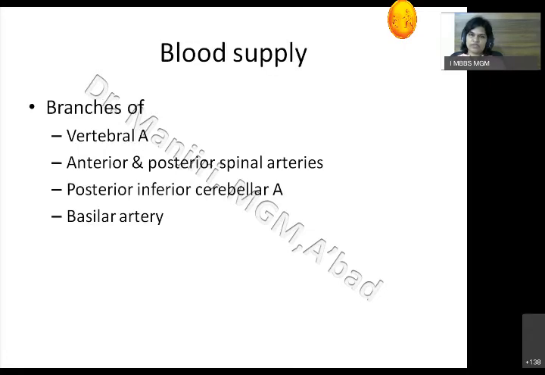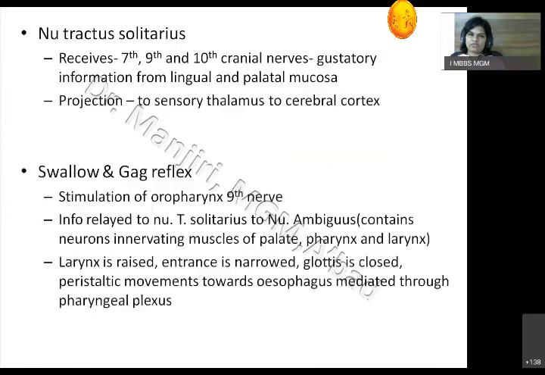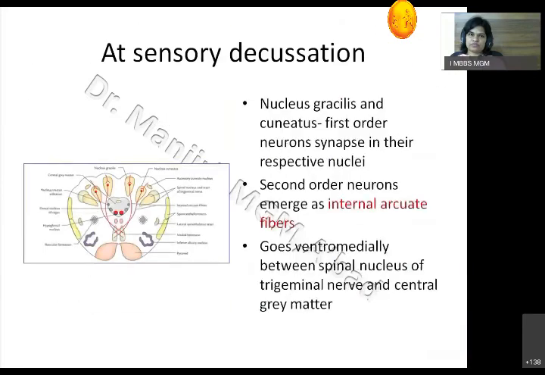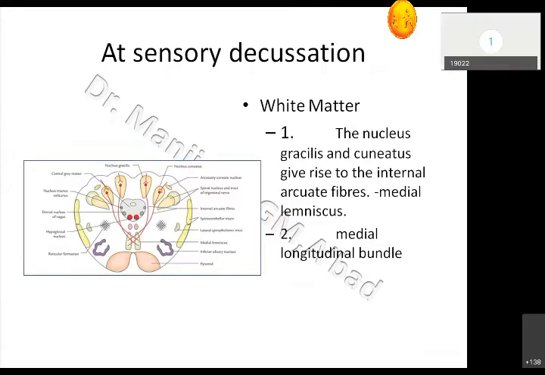So should we revise first? Any part you didn't understand? Ma'am, revise once. No, any part you didn't understand, so should we revise that part and again we'll revise in total? Ma'am, can we revise it before the next lecture?